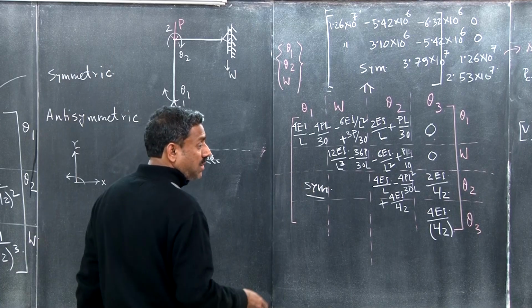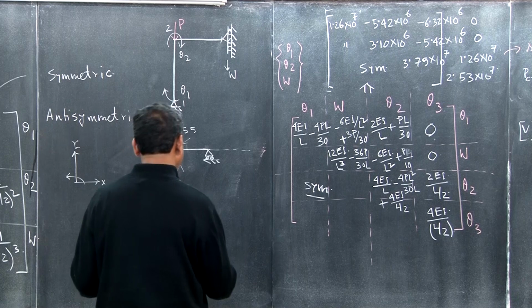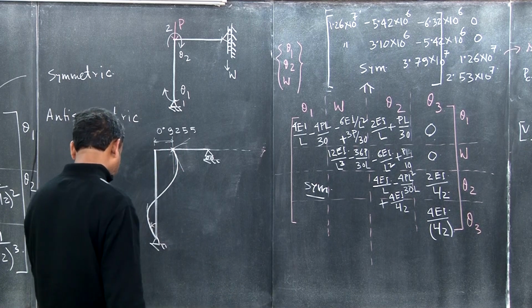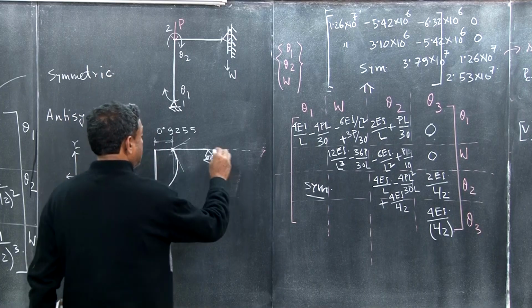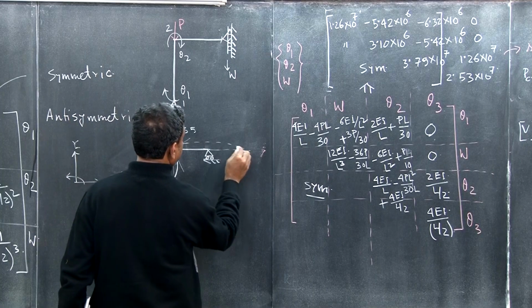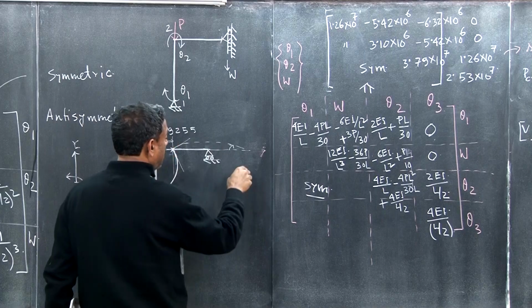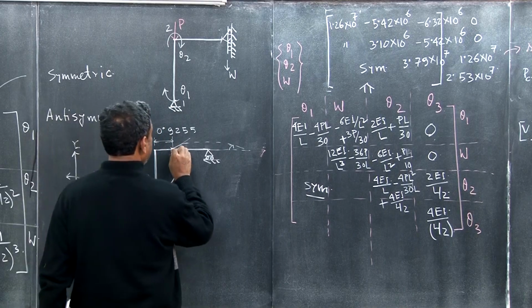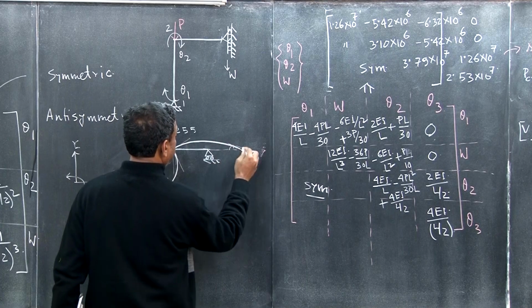Negative means what? It is clockwise. Clockwise meaning, it will come something like this, clockwise, right? From here it is like clockwise, right? So here it will go, and this will come there.